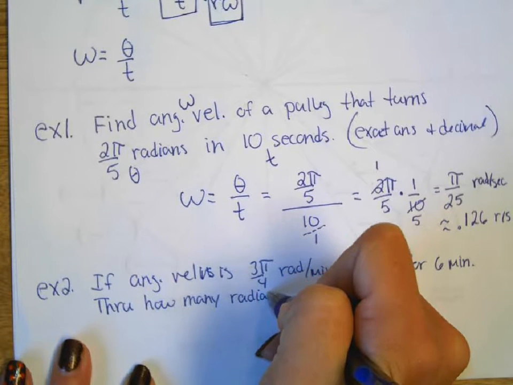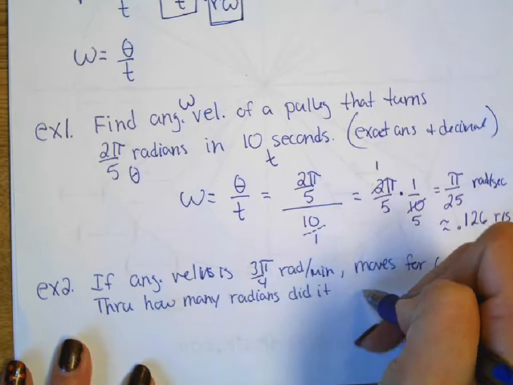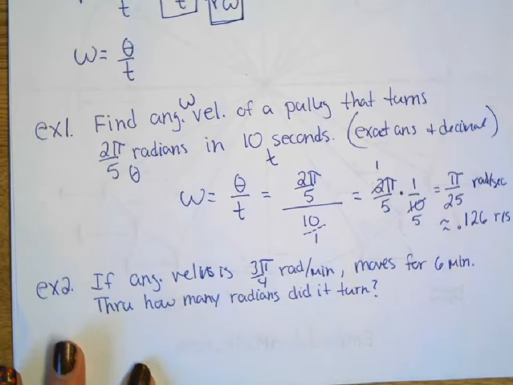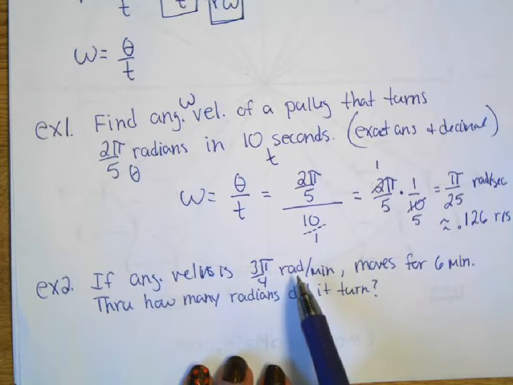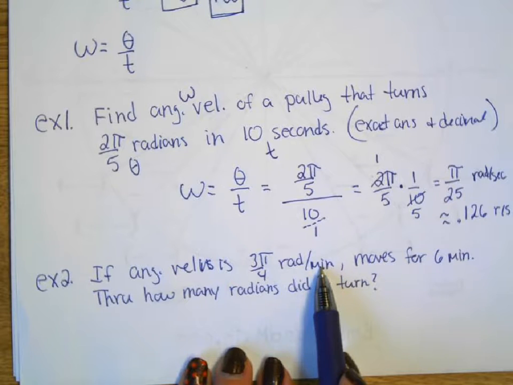We can use the same formula. Look at units so you know what variable they're giving you. Because this is 3 pi over 4 radians per minute, what do we call radians per time?